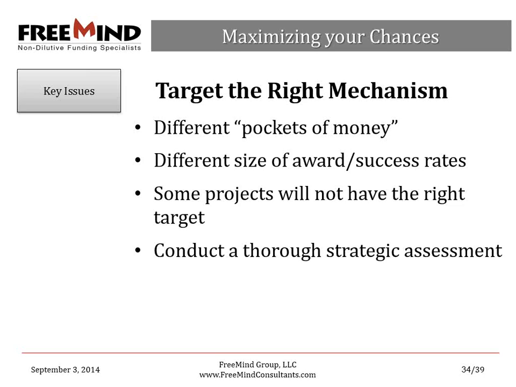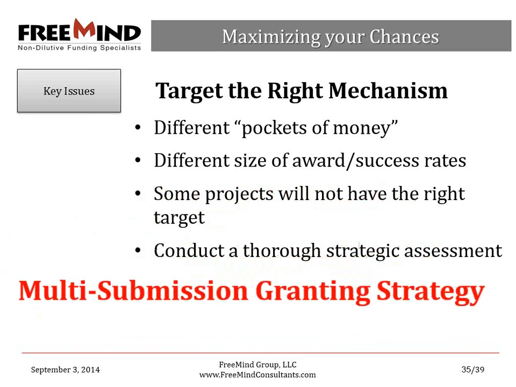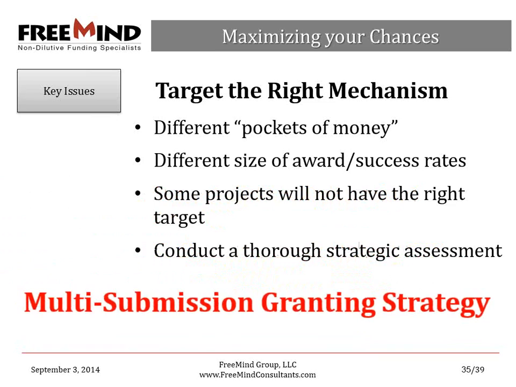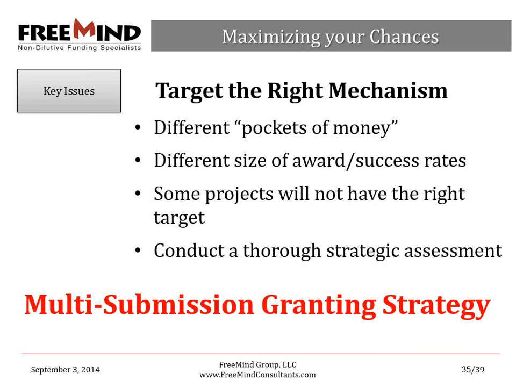Where would you like your research to be in the next 12 to 24 months? What is the potential for success for each research project? And all this should be done with the goal of creating a multi-submission granting strategy. The more shots on goal or at-bats, your choice of sport, the better your chance for success.